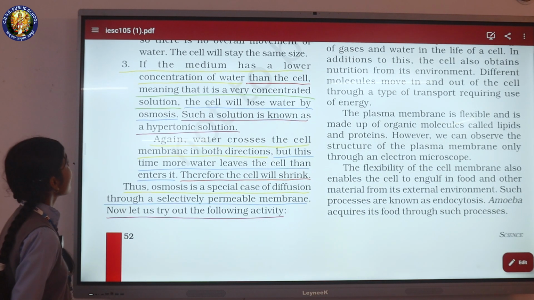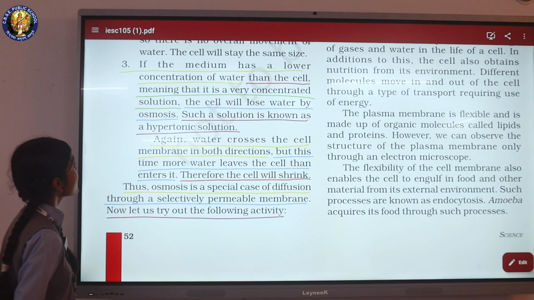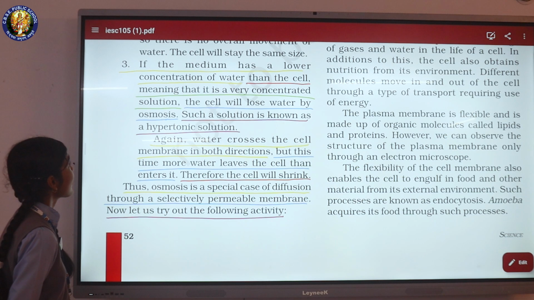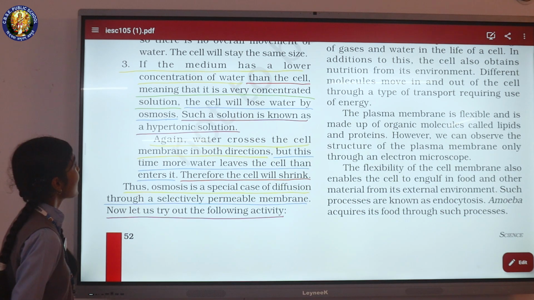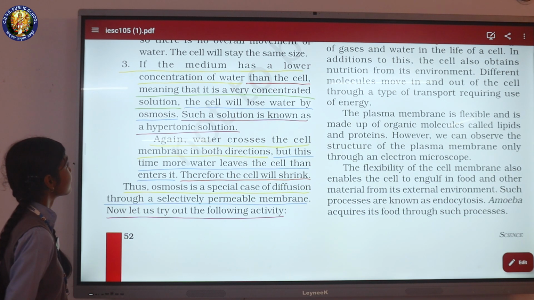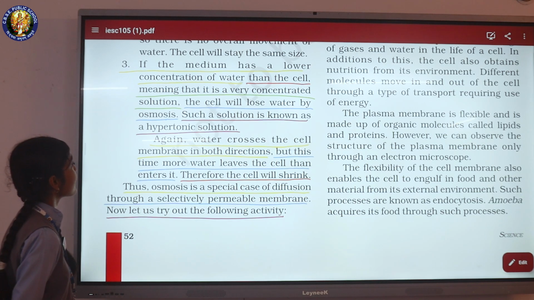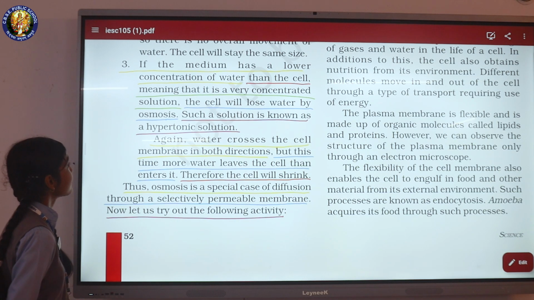Third, if the medium has a lower concentration of water than the cell, meaning that it is a very concentrated solution, the cell will lose water by osmosis. Such a solution is known as a hypertonic solution.